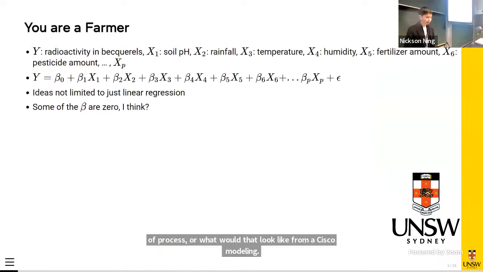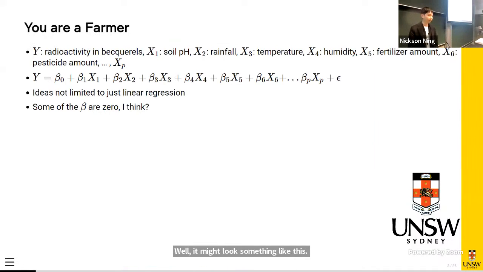Well, it might look something like this. Hopefully you're somewhat familiar with this kind of notation. You might measure the radioactivity of your bananas in becquerels, call that Y. And then you might have a bunch of variables or covariates, independent variables, x1 up to xp. That might be soil pH, rainfall, temperature, etc. And for this talk, I'm going to be talking about variable selection mostly in the context of a linear model, but the ideas are definitely not limited to just a linear regression model.